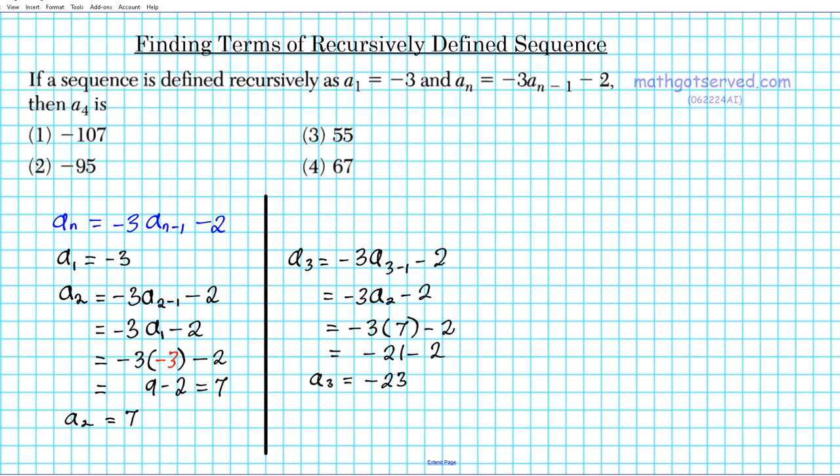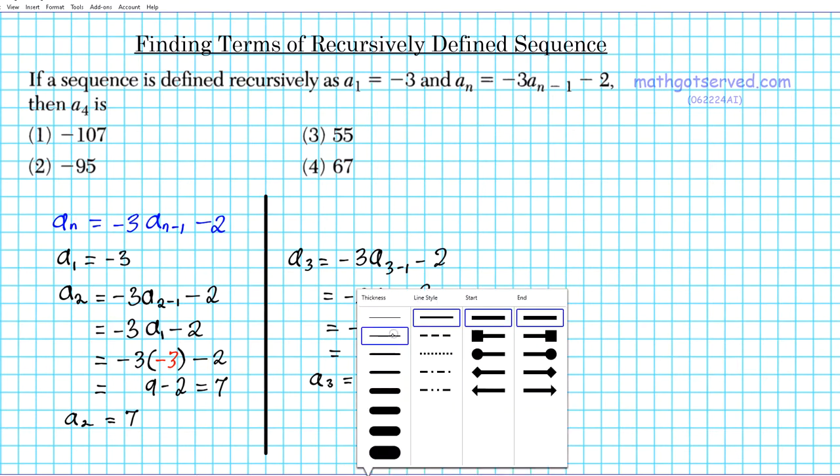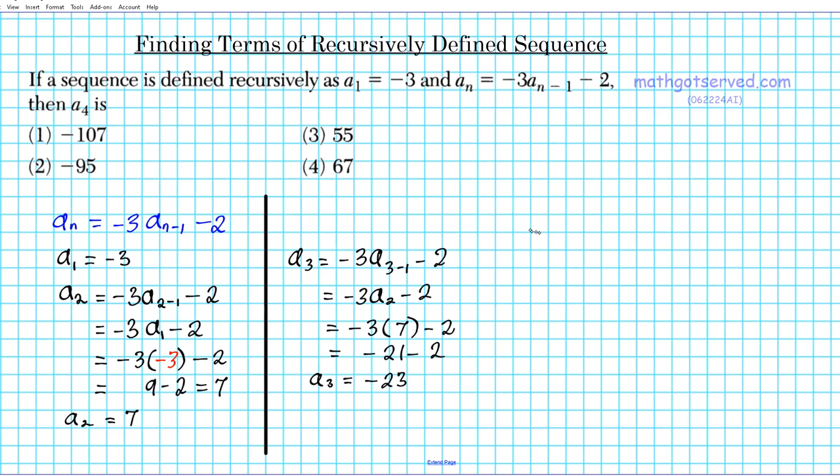We need to do it just one more time in order to determine what a sub 4 is. So a sub 4 is going to be negative 3 times a sub 4 minus 1, which is a sub 3, minus 2.